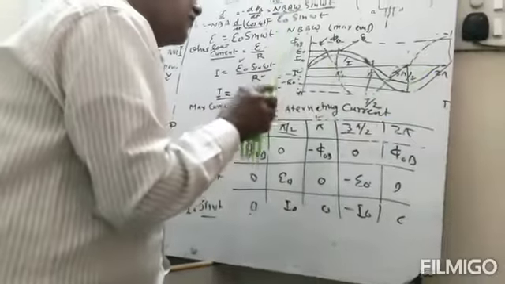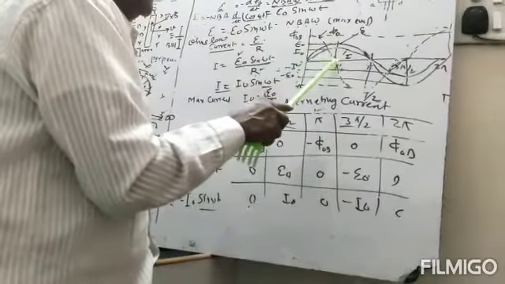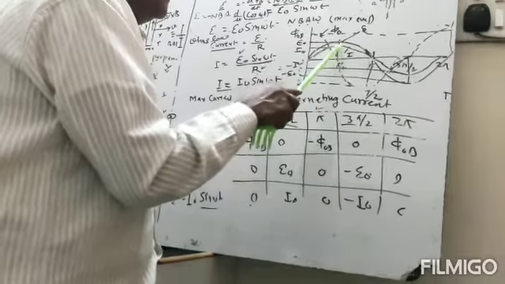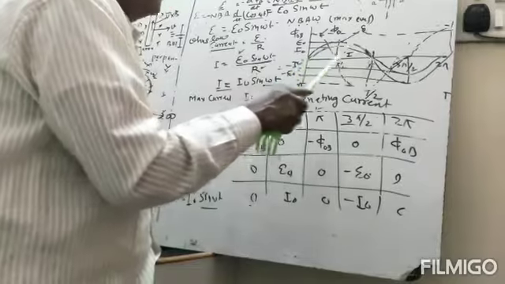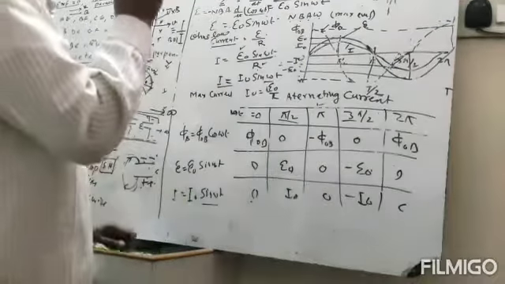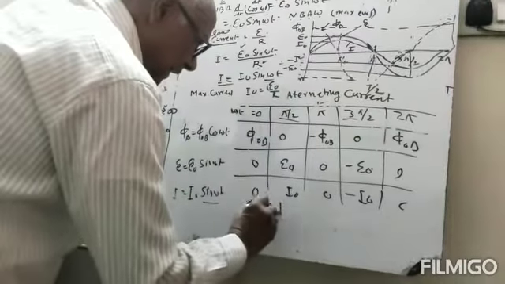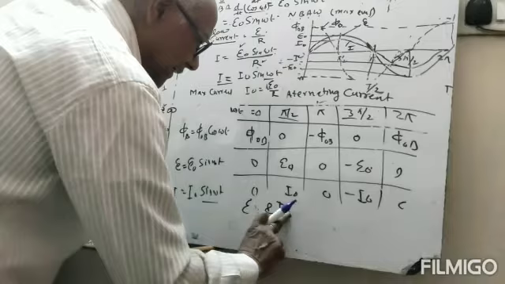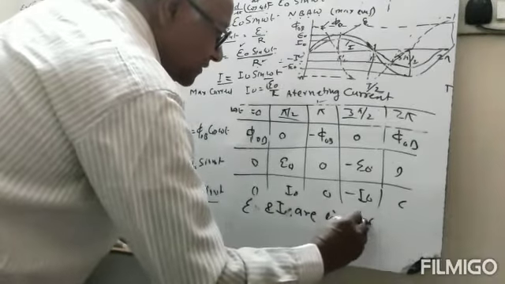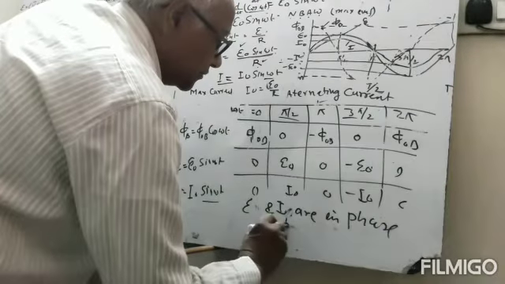So here we can also say one more thing, that EMF and current are in phase. In phase means when this is 90, this is also 90, when this is 0, this is also 0. So in phase means the phase difference will be equal to 0. So E and I are in phase, meaning the phase difference phi is equal to 0.